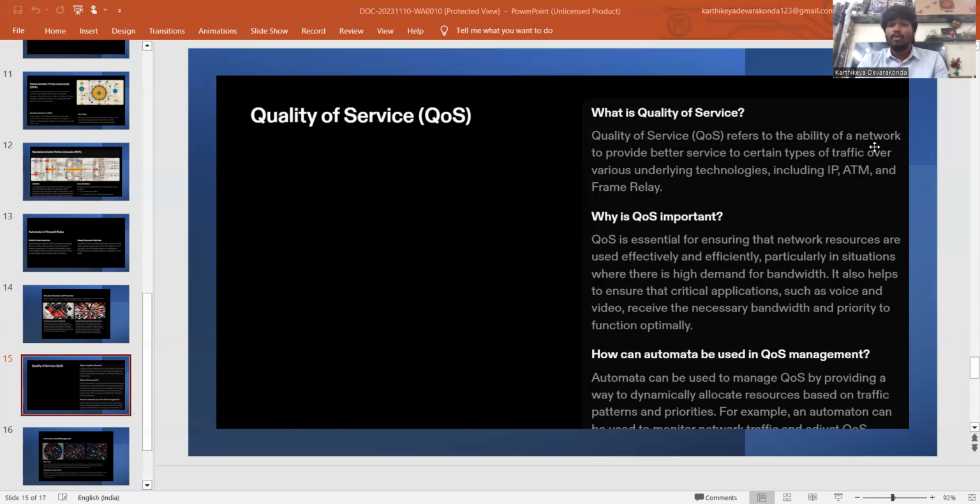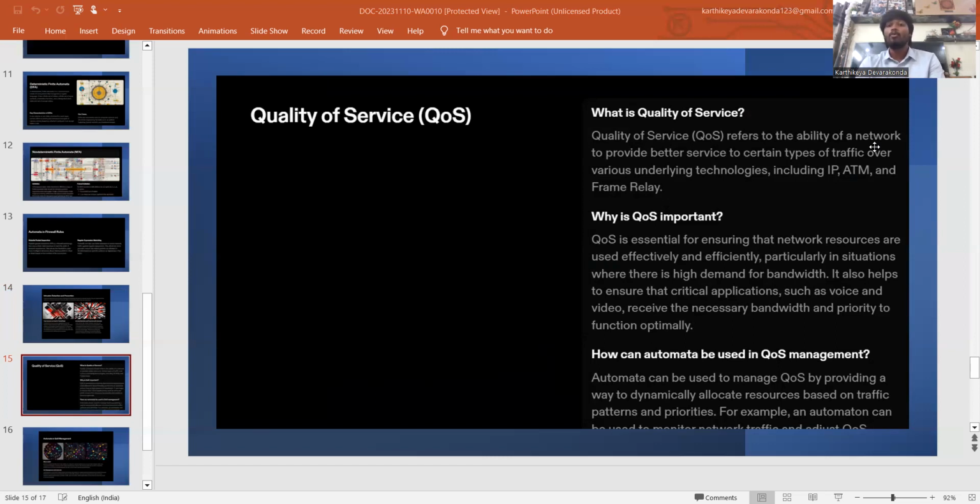Now we'll discuss why quality of service is important. Quality of service is essential for ensuring that network resources are used effectively and efficiently, particularly in situations where there is high demand for bandwidth. It also helps to ensure that critical applications such as voice and video receive the necessary bandwidth and priority to function optimally.